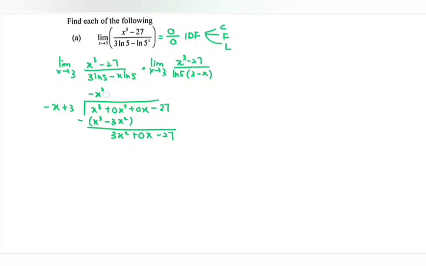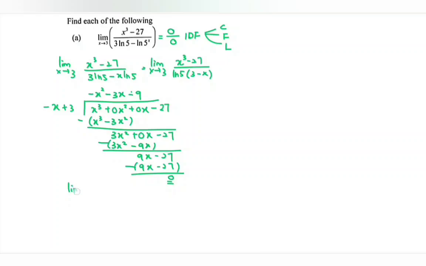So continue, negative 3x. So we have 3x squared minus 9x. So in here we will have 9x minus 27, and we have 9x minus 27. So we will have the remainder as 0.